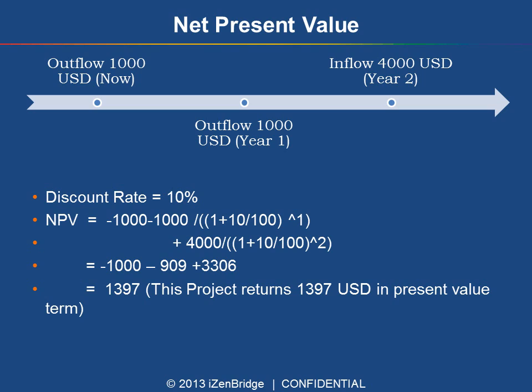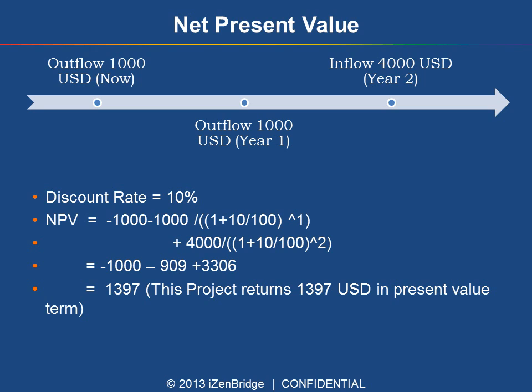And the money which I am getting after 2 years needs to be discounted twice, because it is coming after 2 years. So the final figures come out like minus 1,000 for now, minus 909, which is 1,000 divided by 1.1 discounted once, plus 3,306, which is 4,000 divided by 1.1 twice, so divided by 1.21.